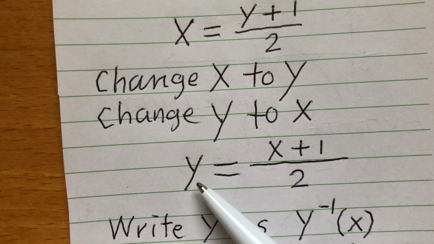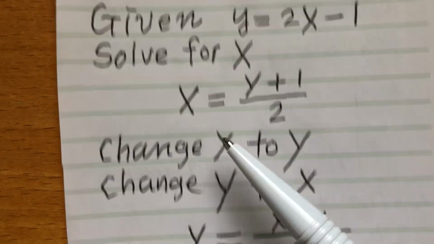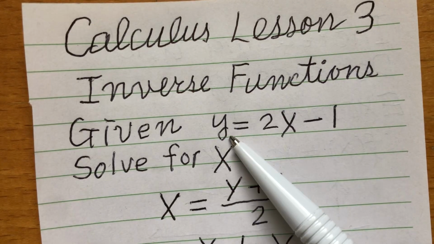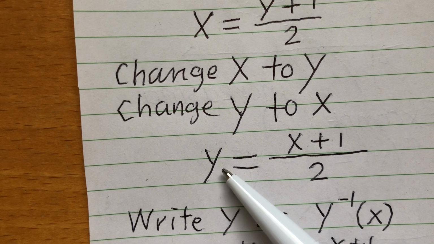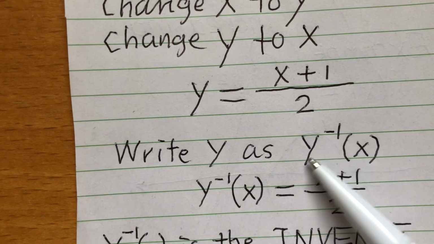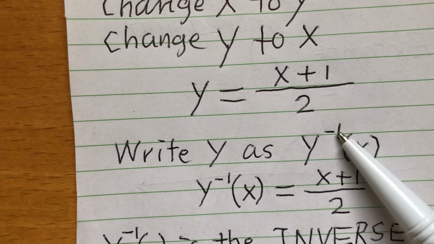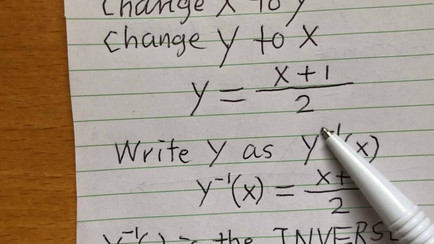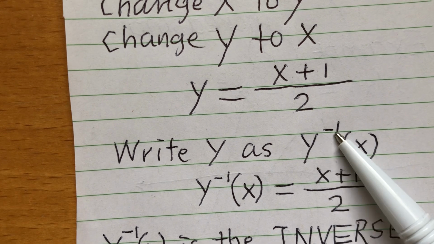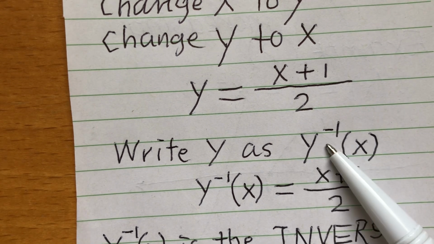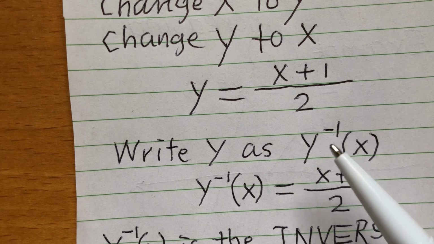And to avoid the same label, y here, y there, since this y is the inverse, we write it this way. There is a negative 1 at the corner. This means it's the inverse of the original function.